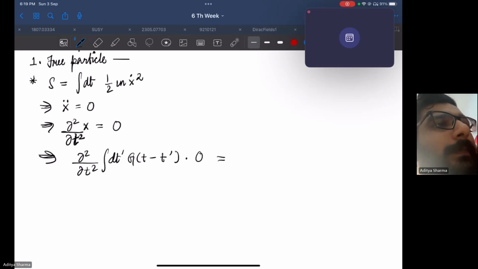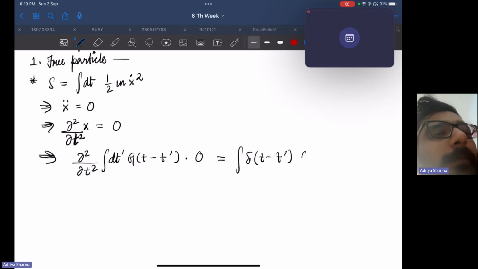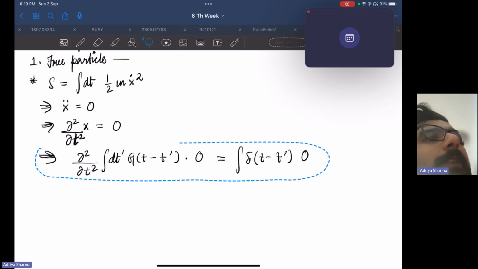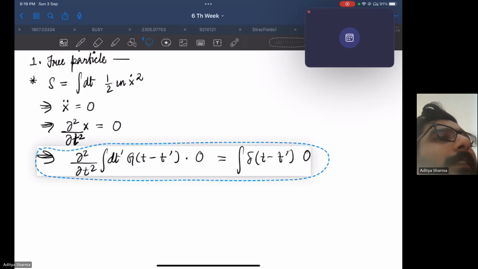So this part will be Dirac delta of minus t prime G of t prime, that is 0. So the equation is fine, but here we have nothing to find.